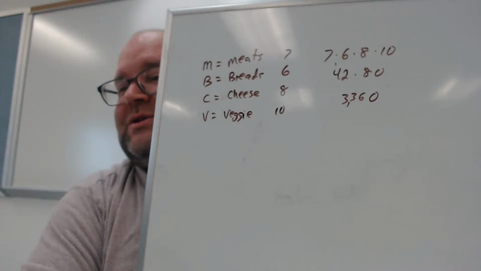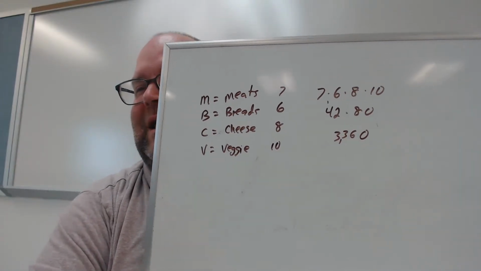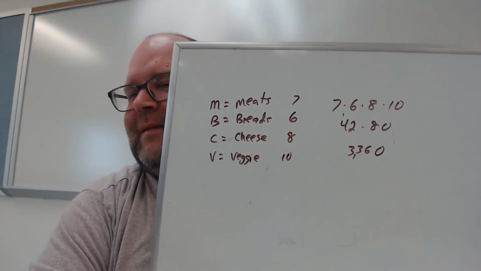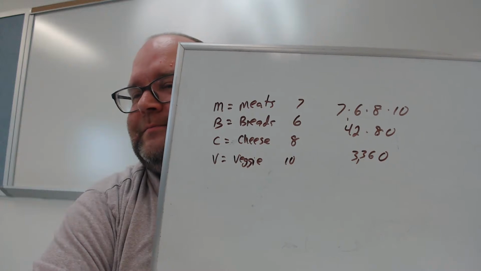Then we'll multiply 42 and 80, and we get 3,360 different sandwiches, which means you can do lunch from there every work day for more than a decade, and you will not have to repeat.